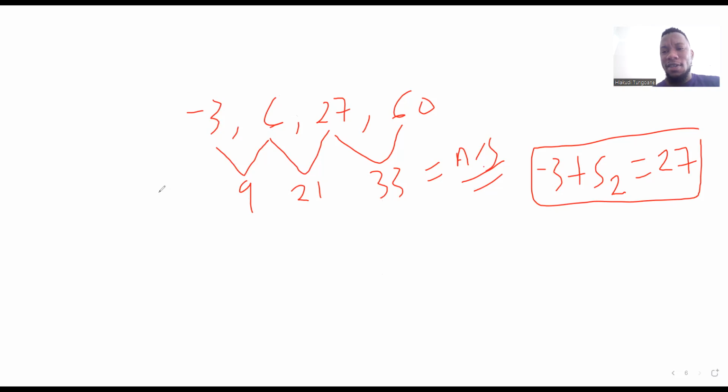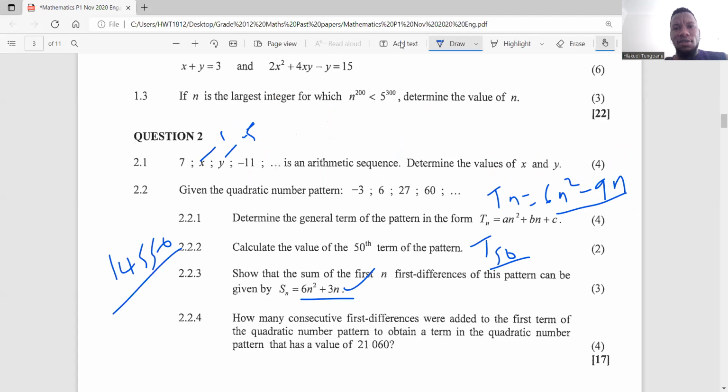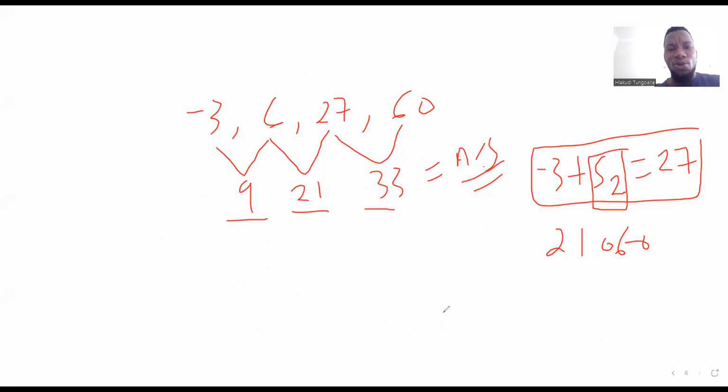In this case, they want us to determine how many first differences we are adding to get to the term they mentioned. The term is 2106. Let's just confirm. Yes, that's correct. So they want to know how many of these differences we have to add to get this term.